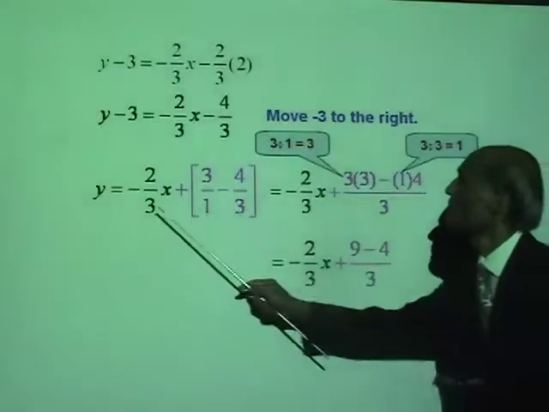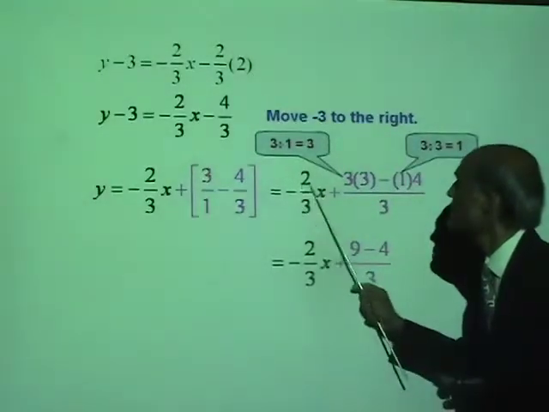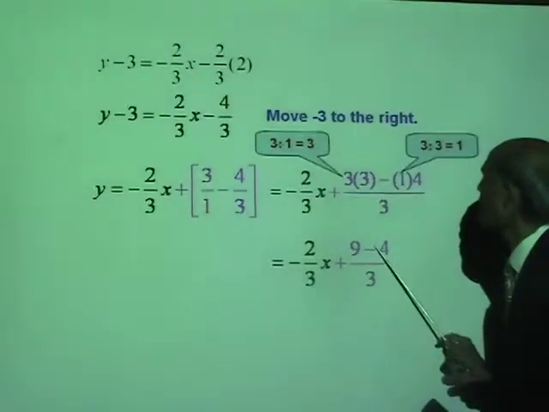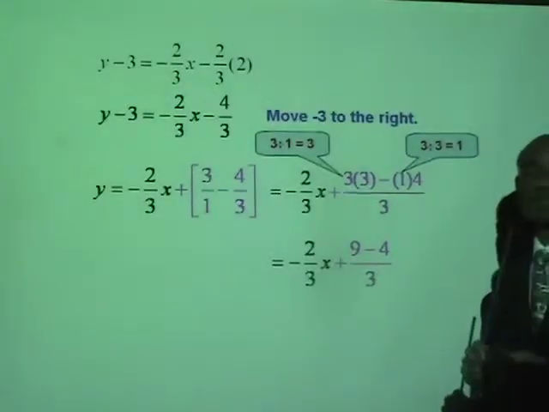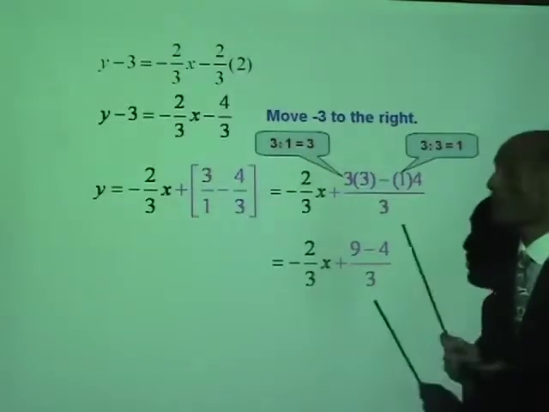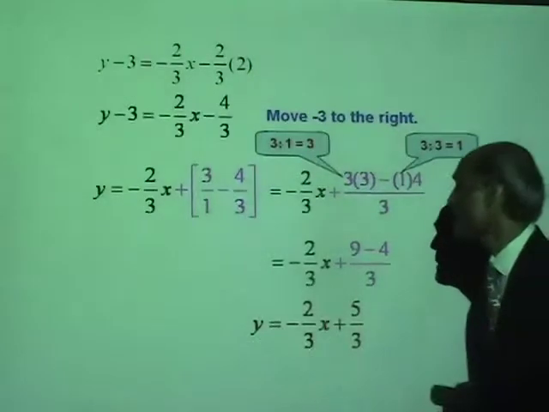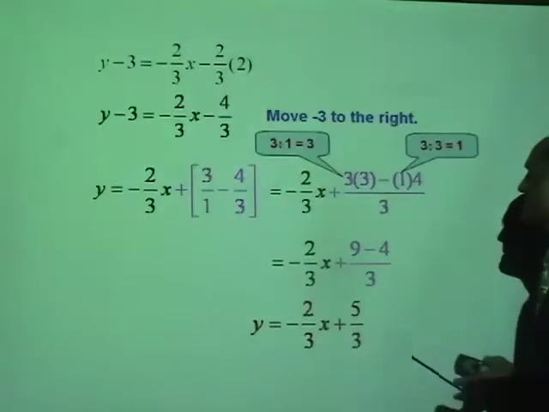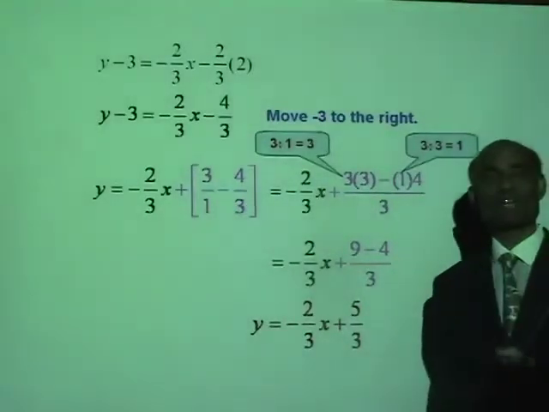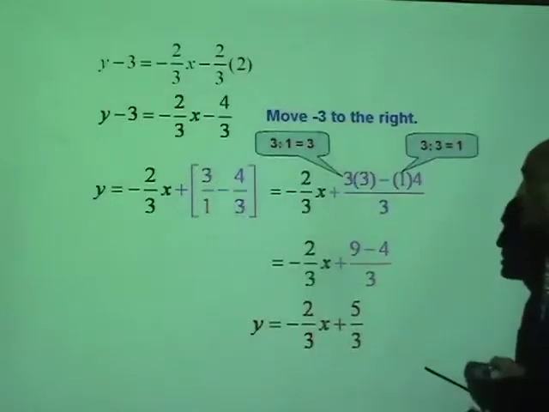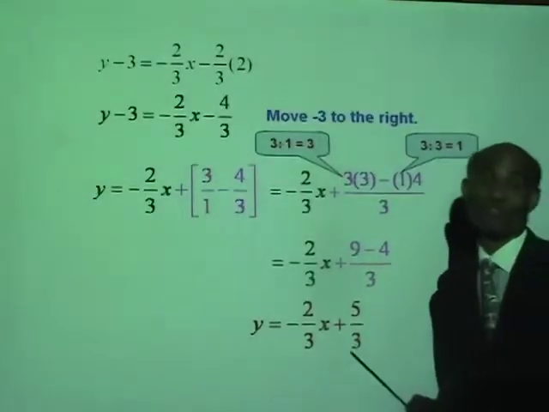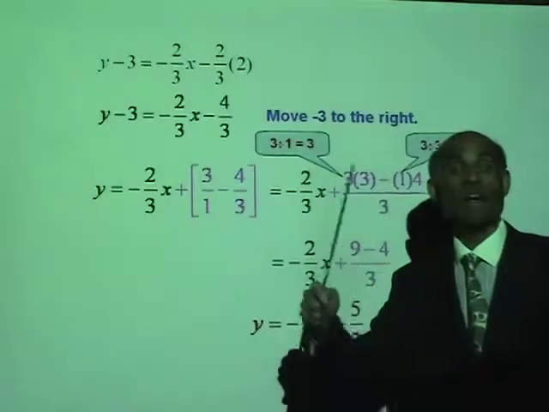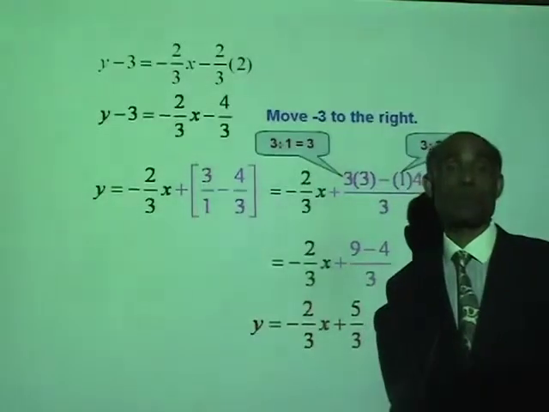So that will be y equal to negative 2/3 x plus 9 minus 4 divided by 3. And just one more thing there, y equal to negative 2/3 x plus 5/3. That is the equation of the line that contains the point and the given slope.